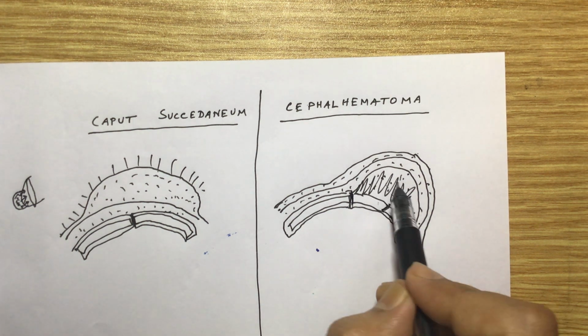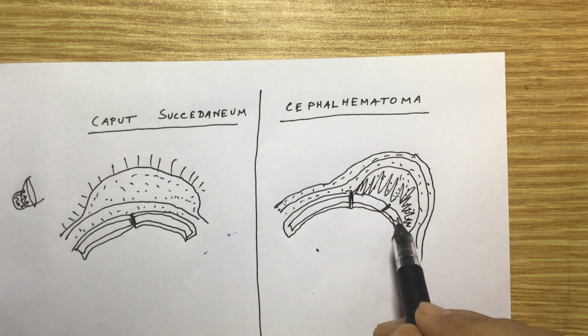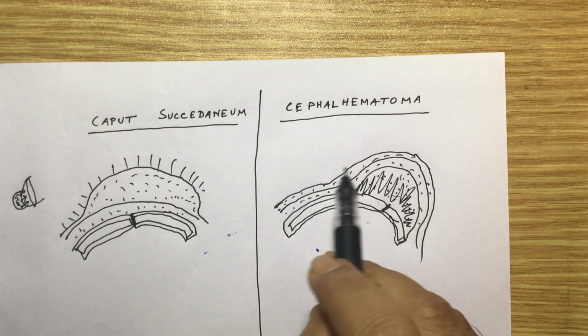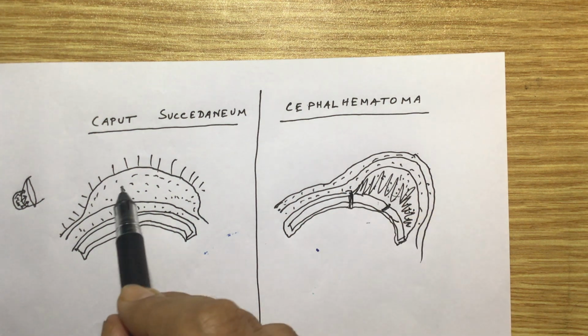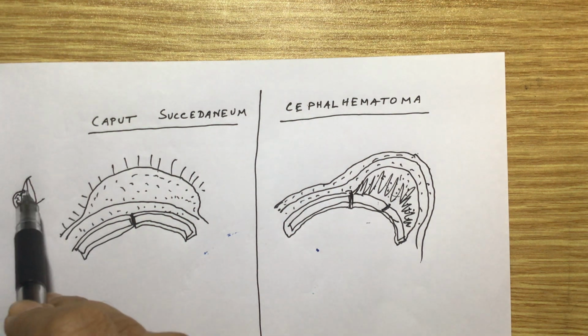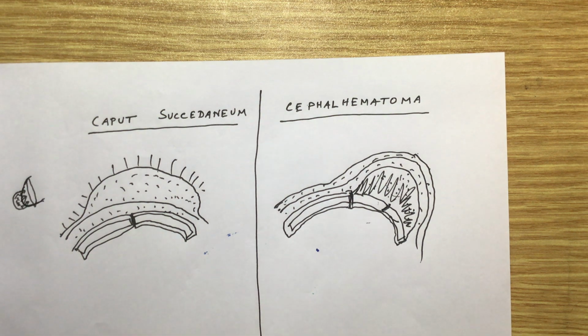That's why this accumulated blood can't exceed that boundary. This type usually occurs on the parietal bone, and that one usually occurs on the occipital bone, because usually the occipital bone is the presenting part of the head at birth. So these are the applied things.